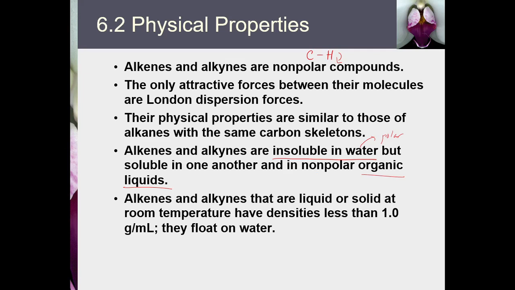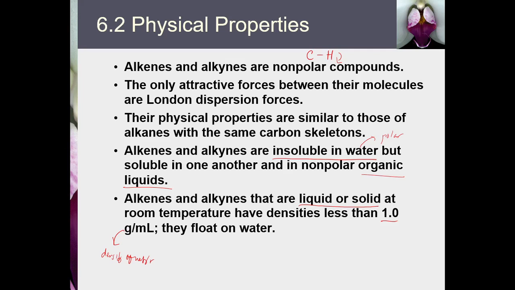Lastly, for the physical properties, yung alkenes and alkynes natin are liquid or solid at room temperatures. And ang kanilang density is less than 1 gram per ml. So bakit mahalaga tong value na 1 gram per ml? Because this is the density of water. So if the density is less than 1, the tendency is it will float on water.